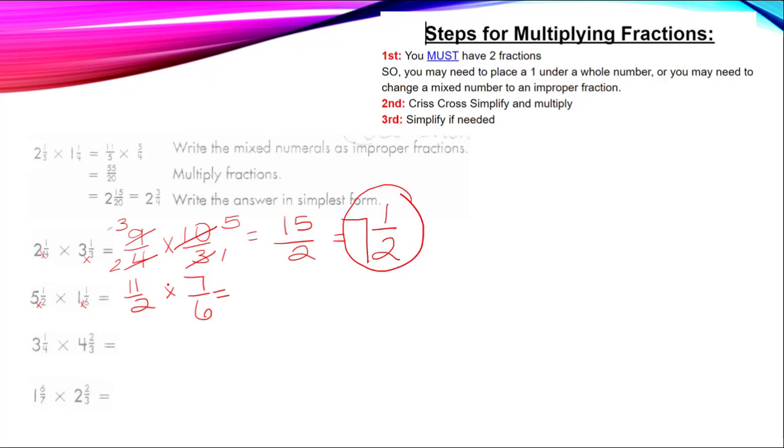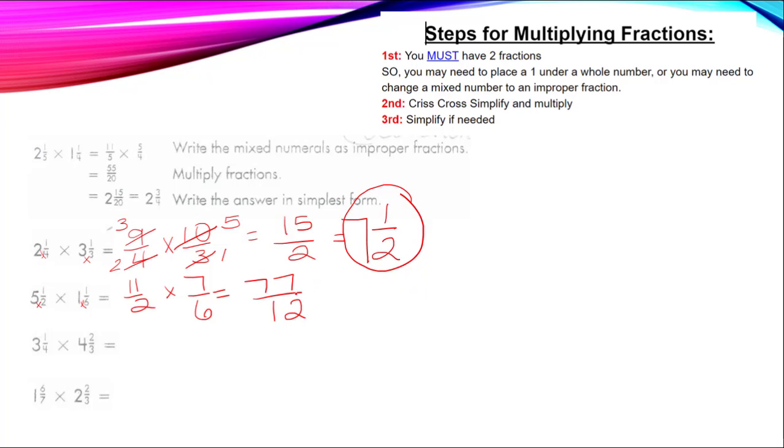So now we're going to see if we can crisscross simplify, and we can't. So now we can go ahead and multiply. 11 times 7 is 77. 2 times 6 is 12. So we have an improper fraction. So we need to change it to a mixed number.